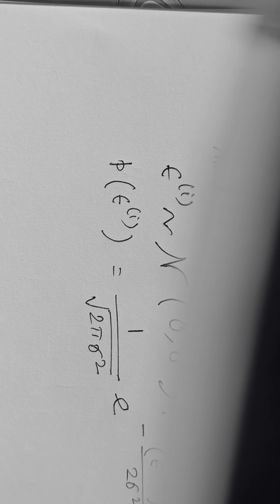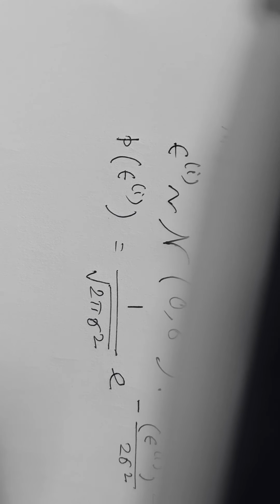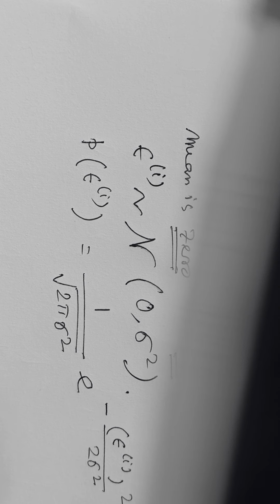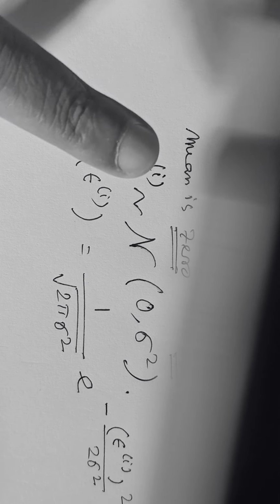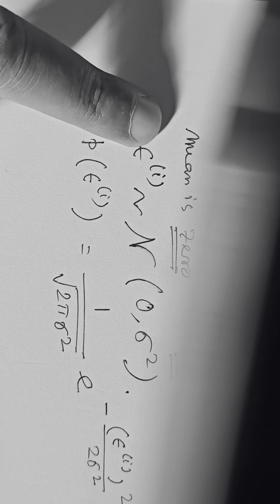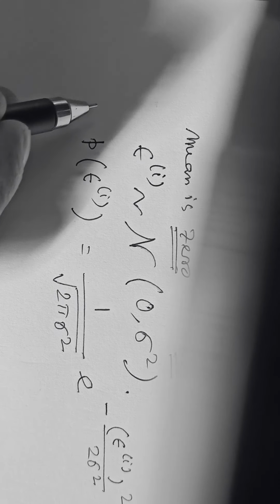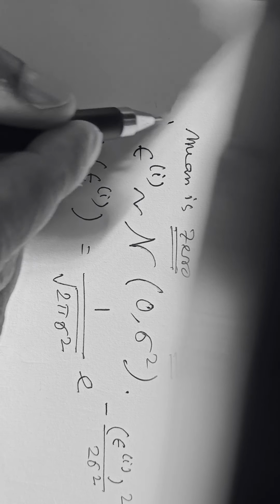This is the probability density function of a normal distribution with the random variable epsilon. So now we can say epsilon follows the normal distribution with mean 0 and variance sigma square, with the probability density function p of epsilon equal to this. So we can put a mark here.